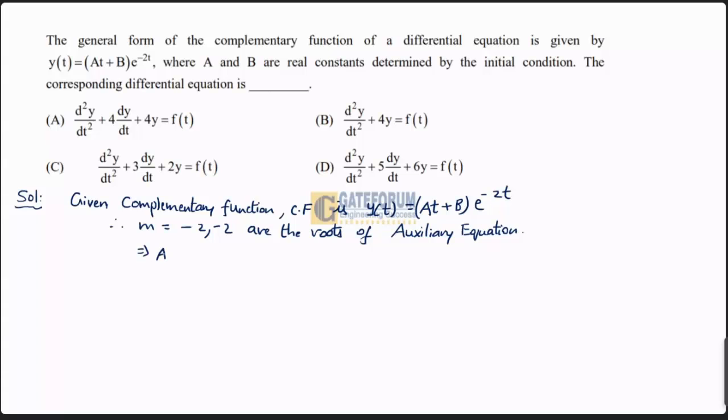This implies the AE, auxiliary equation, is m minus of minus 2, m plus 2. When we know roots, the corresponding equation is obtained by the product of the factors (m plus 2) into (m plus 2) equal to 0. From this equation, we will be obtaining m is equal to minus 2, minus 2.